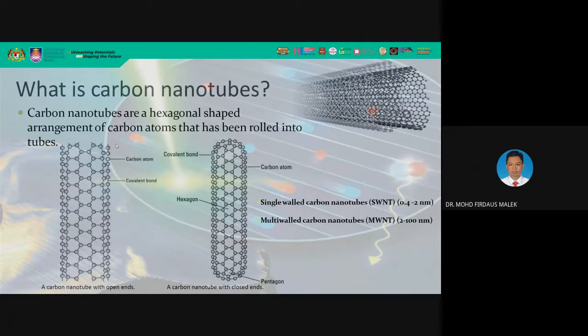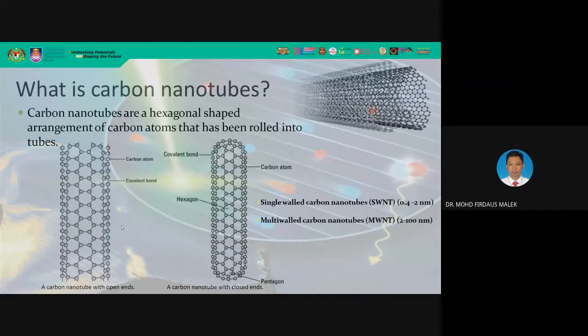And another application, now you see many people cycling, right? The bicycles that are light, most of them are made from carbon nanotubes. So this is the material. So what is carbon nanotube? As you can see here, we have two formations of carbon nanotube.